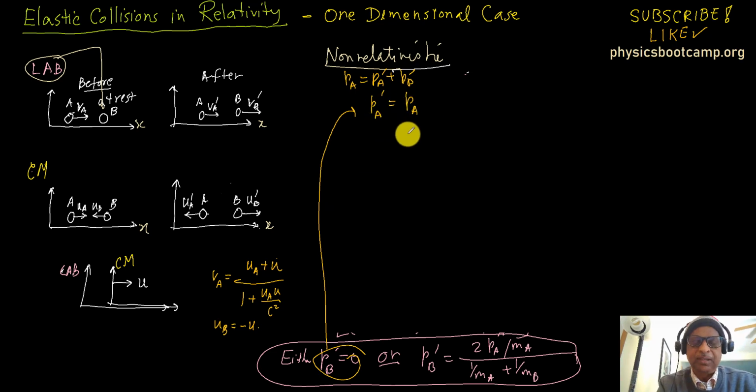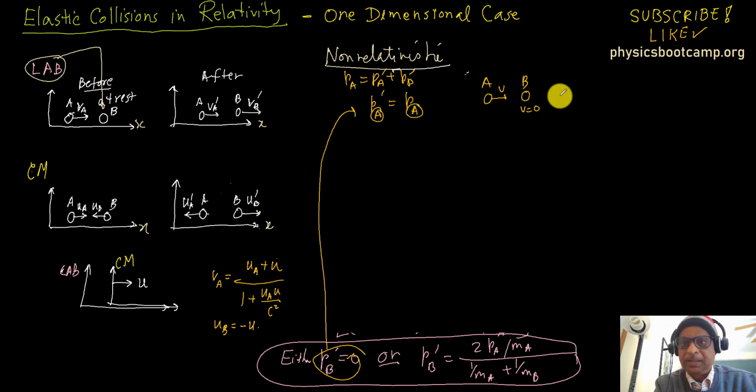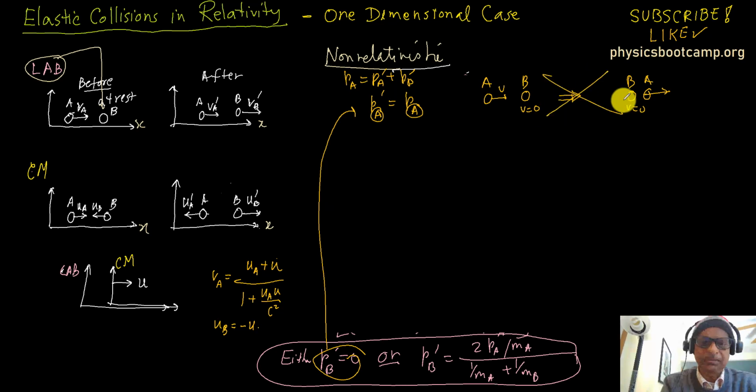That just says particle A came in and B was at rest, and later on B remains where it is and A just keeps going right through as if B didn't exist. So this one is a little bit unphysical, so we just ignore that.